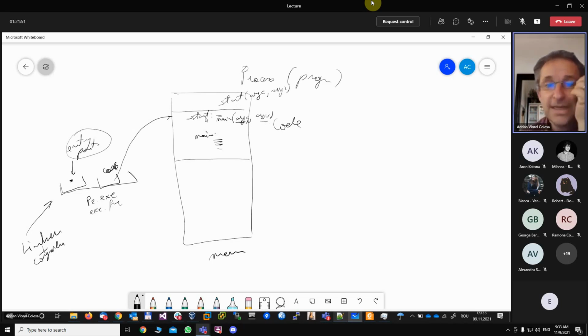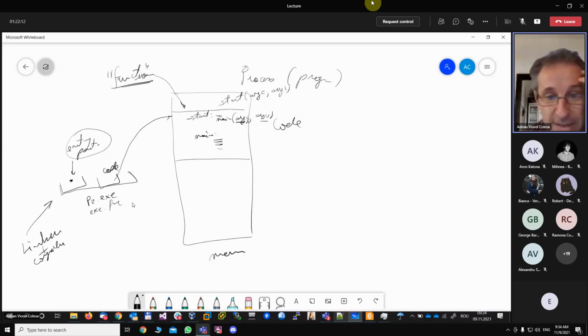Okay, so the first function, I place it between quotes. I explain why immediately. The first function to be called is this one, but actually I placed it between quotes because it's not called.